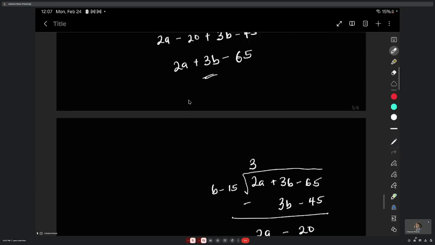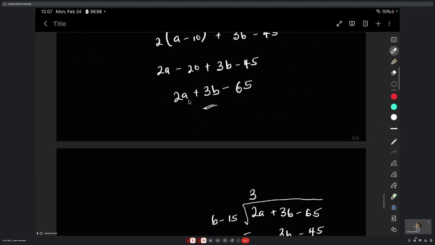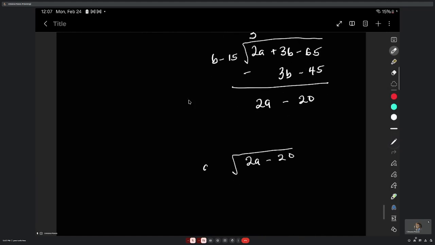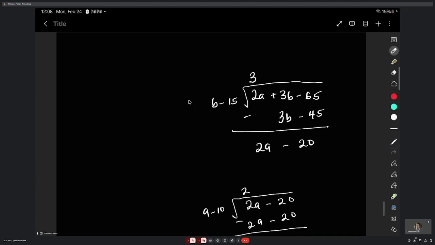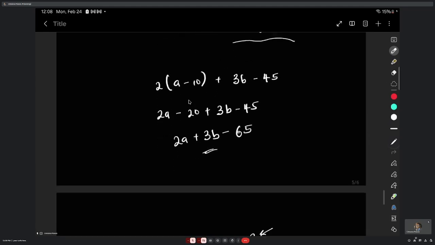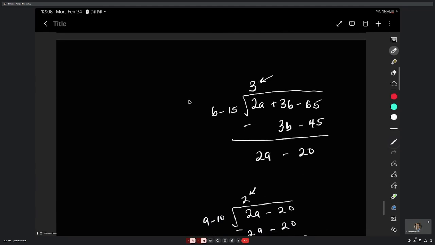When we divide by a minus 10, that would be 2. But our Q, we got the 3 first before we got 2. So that was just the thing actually.